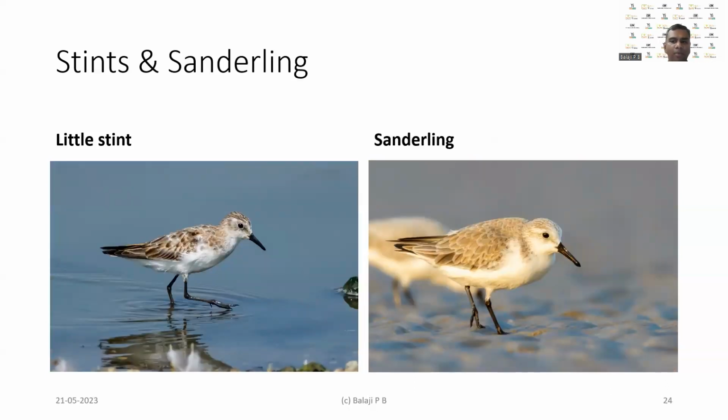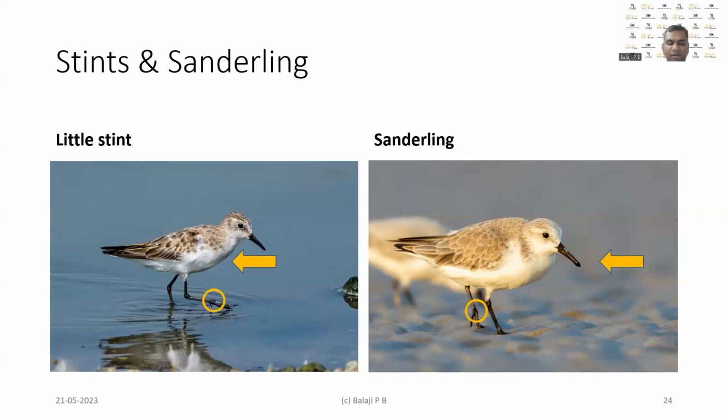Another commonly confused species is the sanderling. The little stint and the sanderling are both relatively very small birds with very similar looking beaks. So how do you tell a little stint from a sanderling? If you look at a sanderling in the field, it looks very bright white when compared to the little stint. But we also need another pointer to help differentiate between the two.